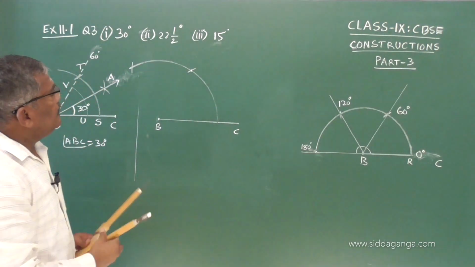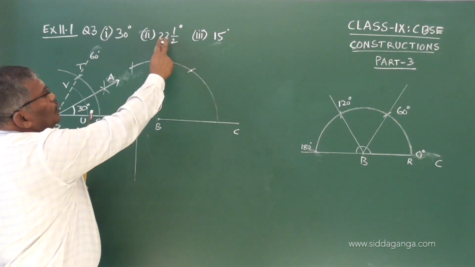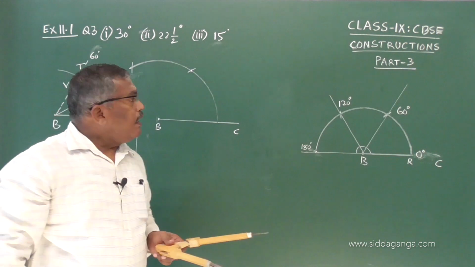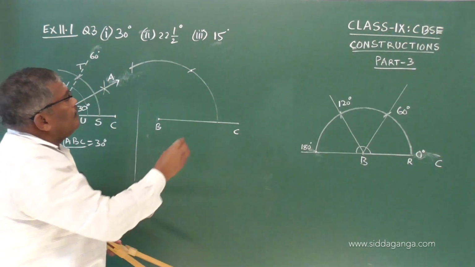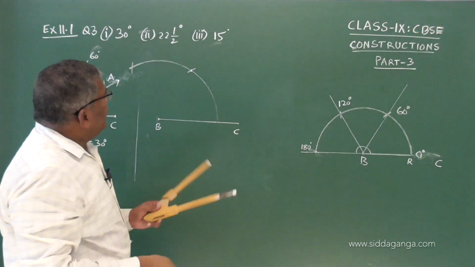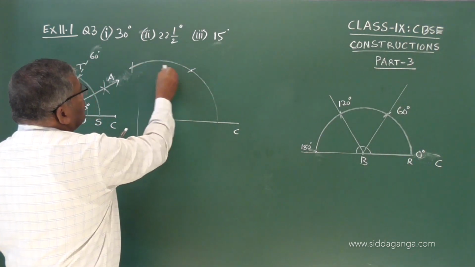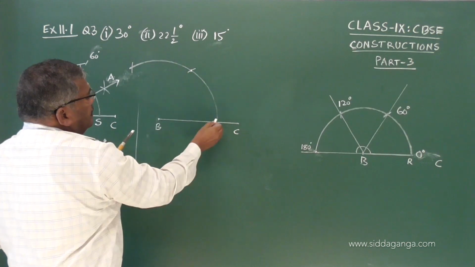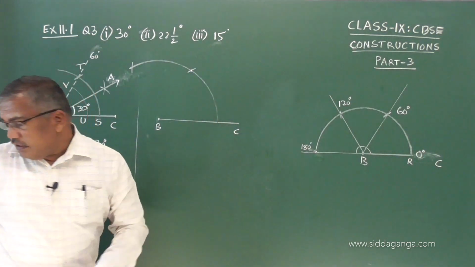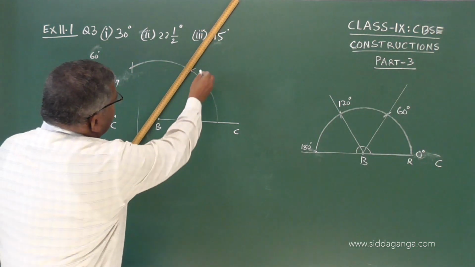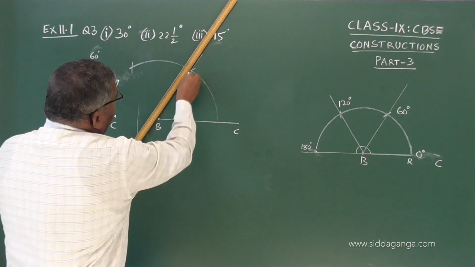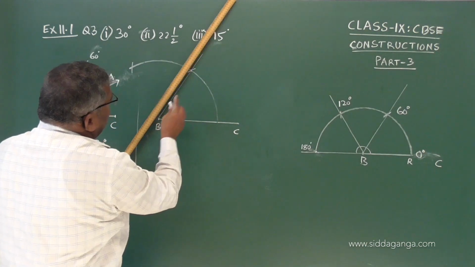So what we need is, 22.5 means we should first have a 45 degree angle. So first we have to construct a 45 degree angle. This is 60. First I will draw the lines. This is a 60 degree line. I will draw a thin line instead of dotted.